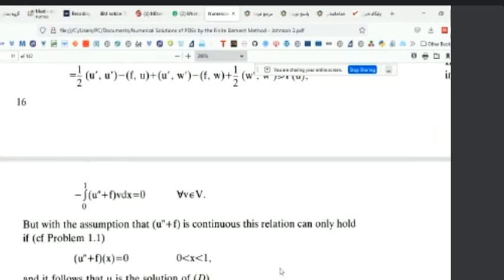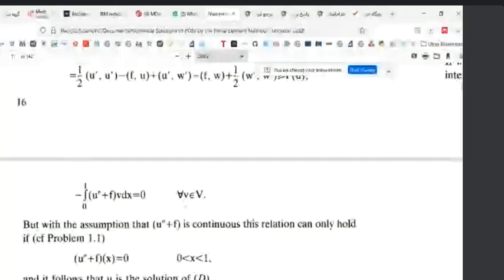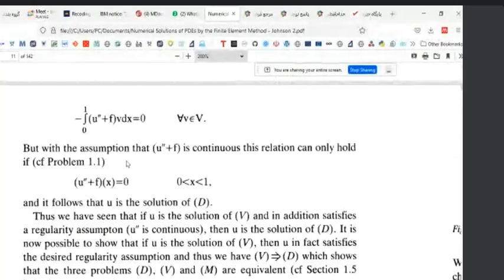and because this integral is satisfied for every v in the linear space V, so that it holds for v as one, v as another v, we can conclude that u double prime plus f must be equal to 0 on this interval.